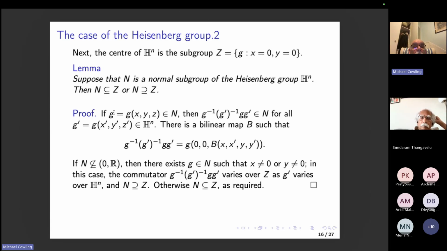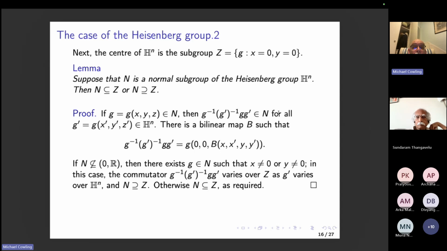So if I take an element G in the Heisenberg group that's supposed to be in a normal subgroup, then for any element G prime, G prime inverse G G prime is also in the normal subgroup. G to the minus 1 is also in the normal subgroup because it's assumed to be a subgroup, and so this product is in the normal subgroup.